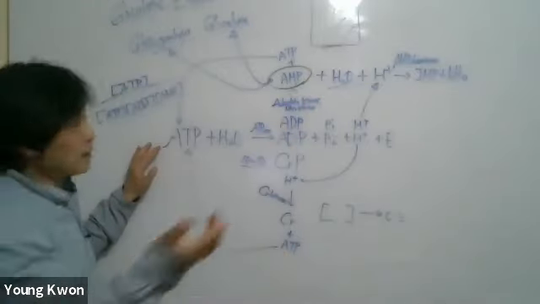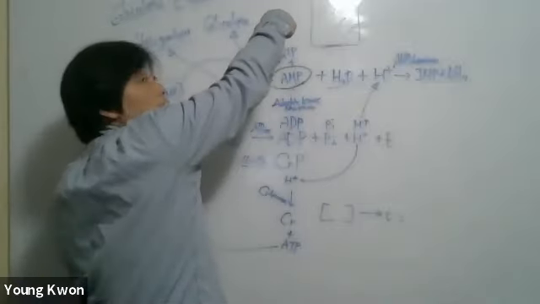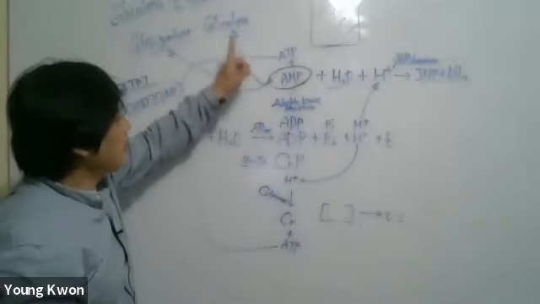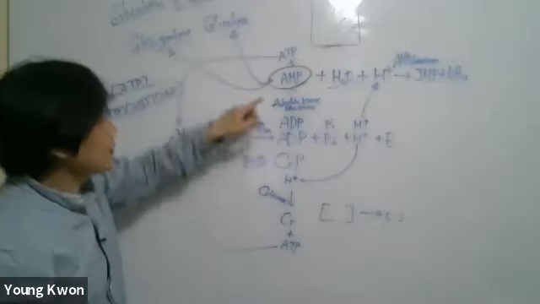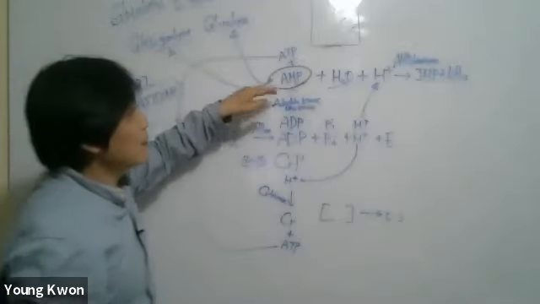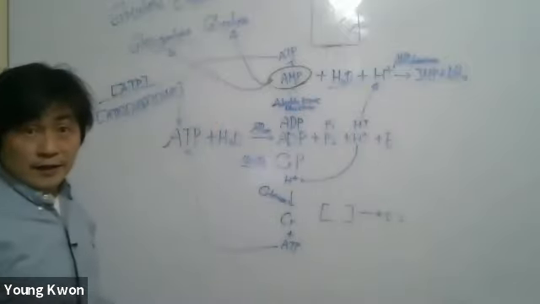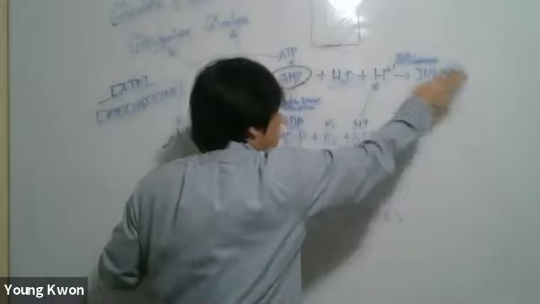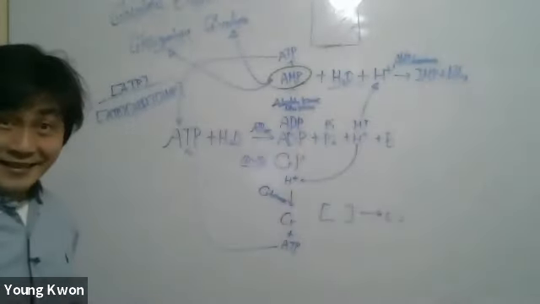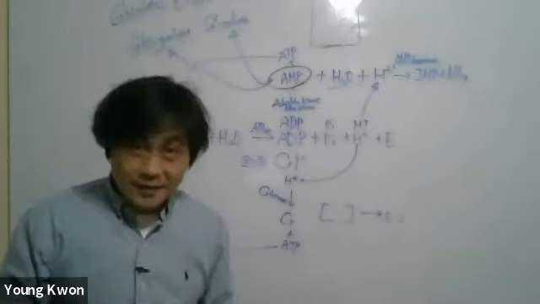After 10 to 15 seconds, adenylate kinase reaction, and AMP activates the glycolytic energy system. And after that, the AMP deamination reaction: AMP, water and proton become IMP and ammonia. That's it. This is the Phosphagen system.